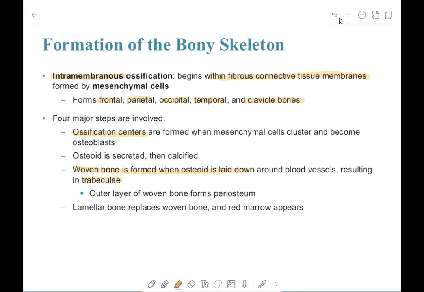And right away, that trabeculae should make you think of spongy bone. So these mesenchymal cells that are listed up here are stem cells, and the lamellar bone then replaces the woven bone. So again, just to remind you that when you see compact bone, you need to think lamellar bone. And when you see spongy bone, you need to think trabecular bone.